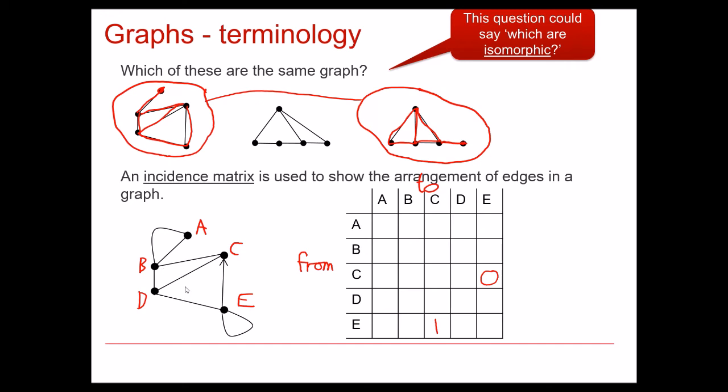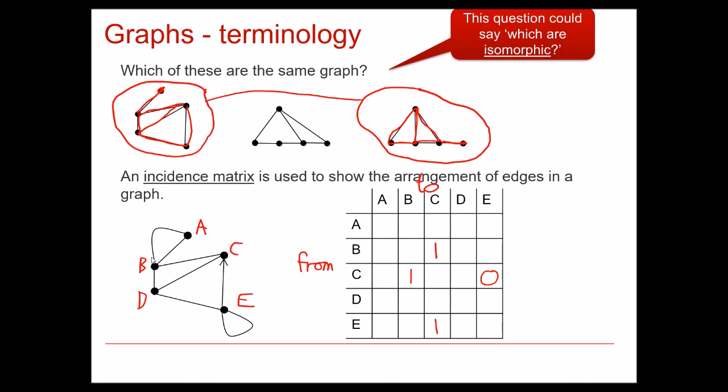Actually that can help us in a lot of ways when we're analysing a graph in this way. So we've got an arc that goes from B to C, so we've got that one here, and we've got one going from C to B. So an undirected arc is actually going to create two number ones in our table.